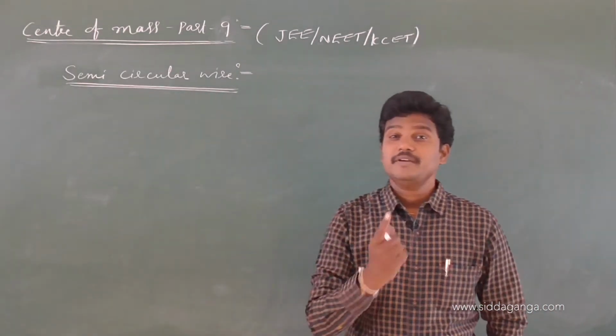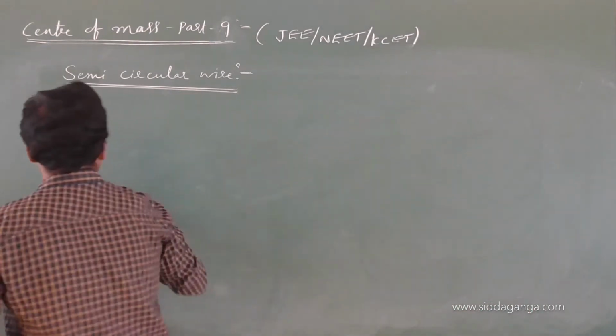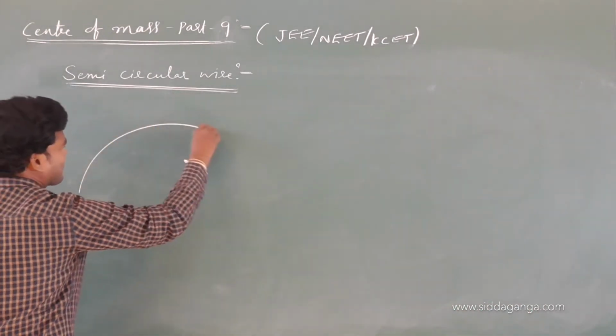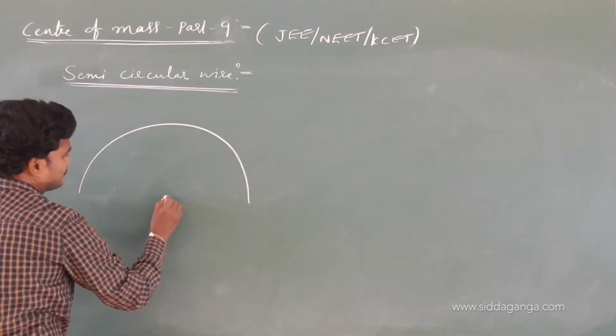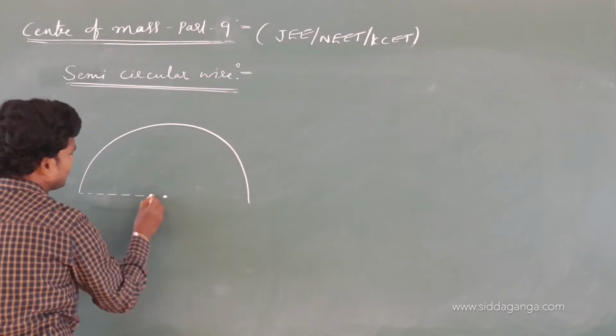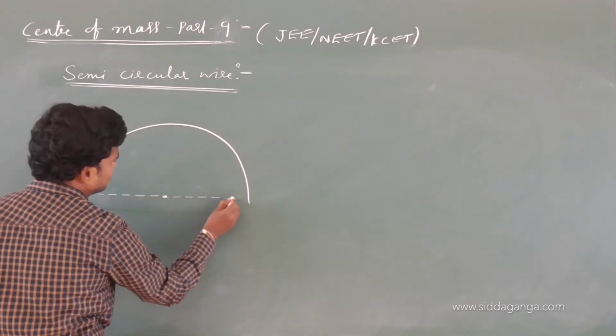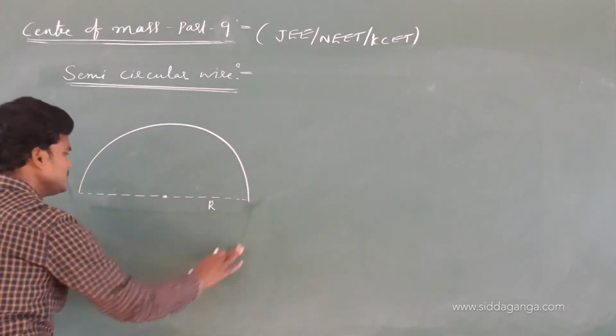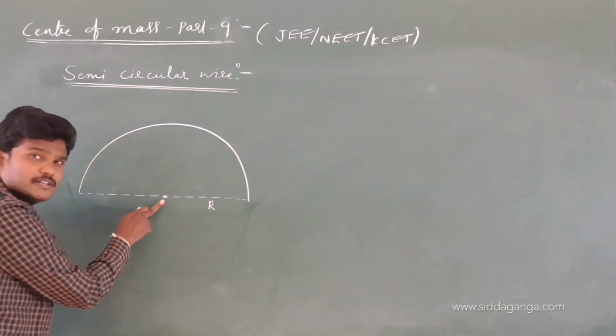Now the given semicircular wire, whose radius is capital R. If it is a full circle, center of mass is at this point.